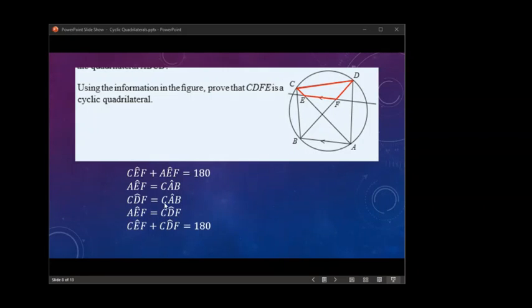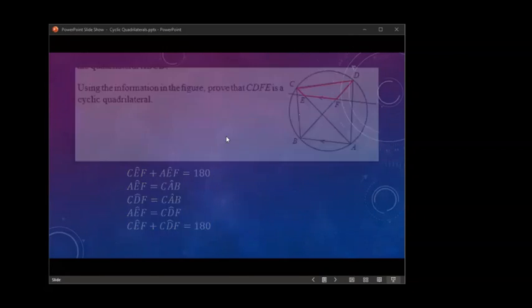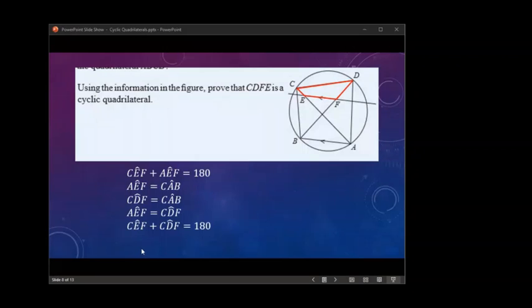So we can substitute CDF instead of AEF. So CEF plus CDF is equal to 180. So the opposite angles of this quadrilateral are now supplementary. That means this quadrilateral CDFE is a cyclic quadrilateral. Okay, I have not stated that sentence here. You have to write that.